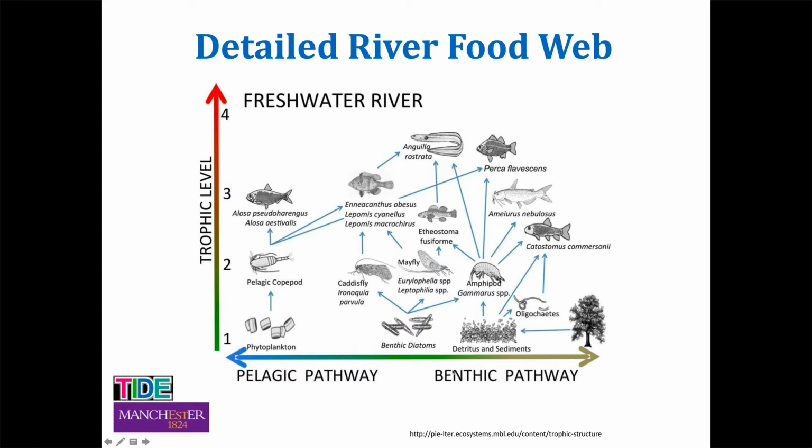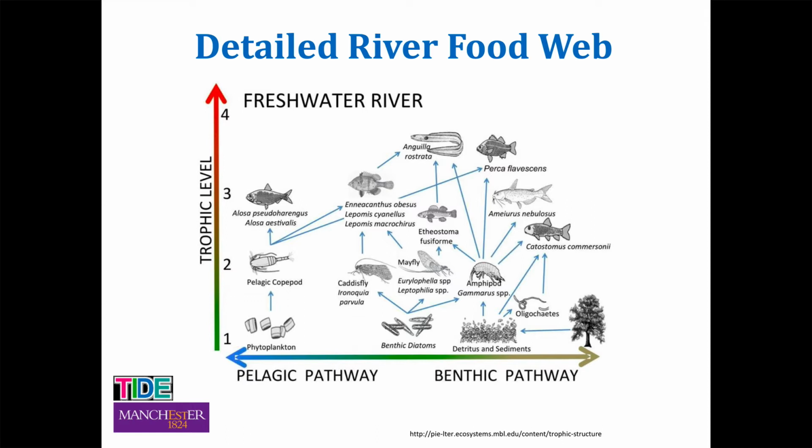And then you have the benthic pathway, which is the organisms that are living on the rocks or the bottom of the river or on the sides of the lake or even on the plants around the lake. So benthic are usually the ones that are attached and not free swimming around. They tend to be found on the bottom of the system you're looking at.